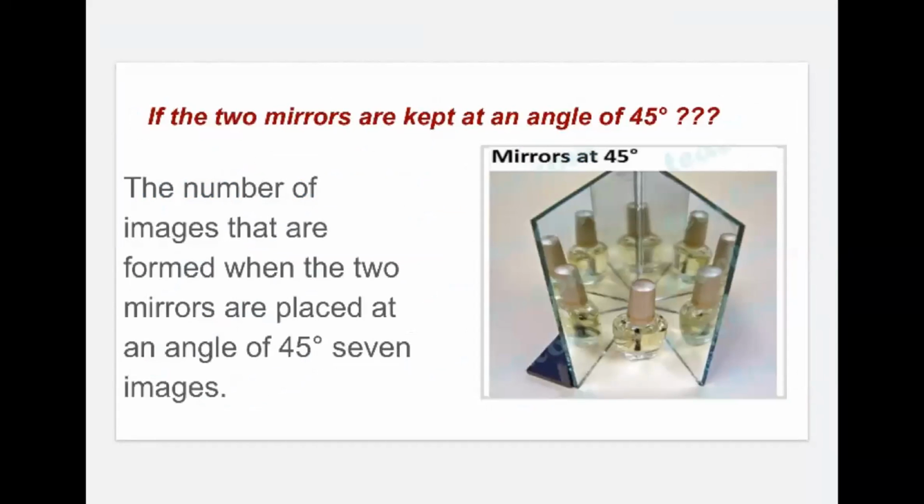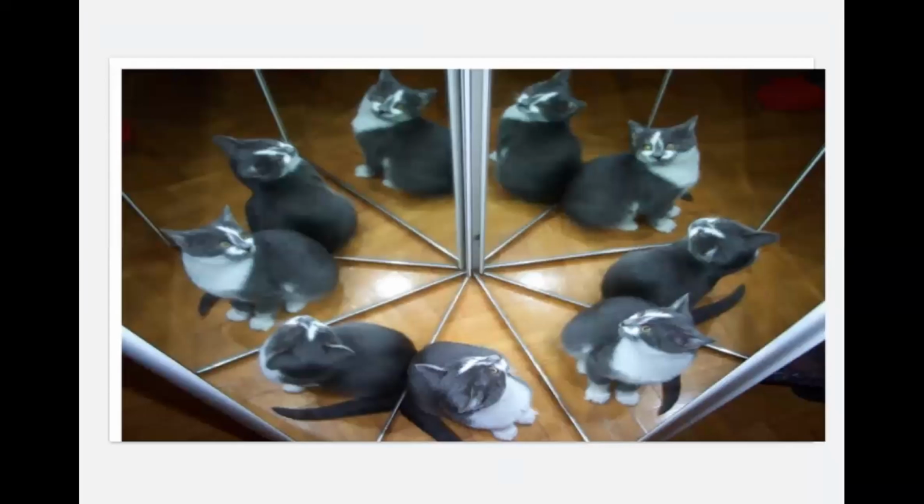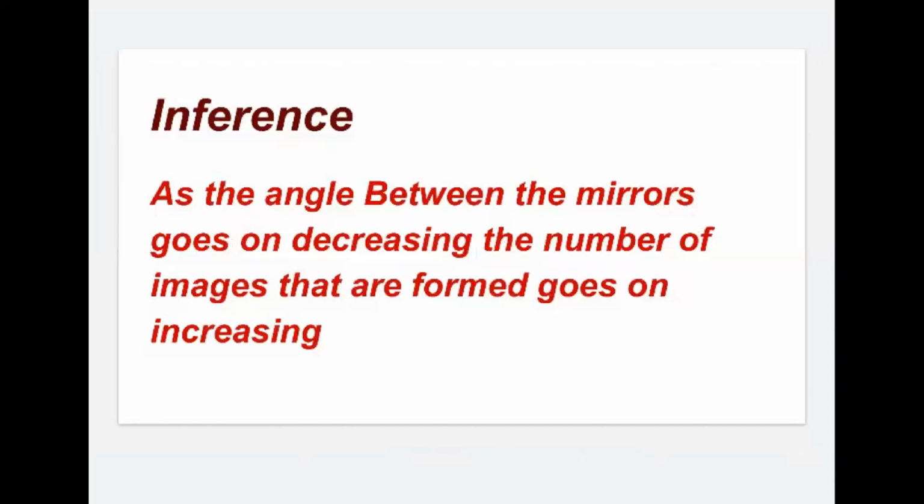Then we saw how many images will be formed when the 2 mirrors are inclined at an angle of 45 degrees. This was just for amusement. We got an inference from this example: as the angle between the 2 mirrors goes on decreasing, the number of images formed goes on increasing.